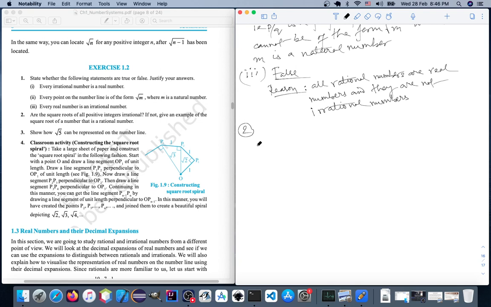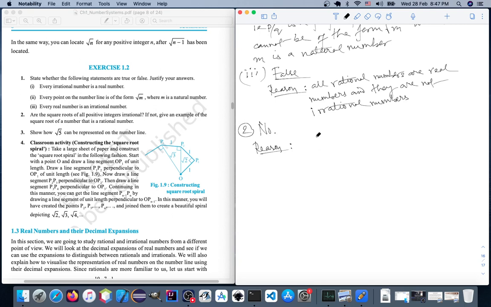It is asking, are the square roots of all positive integers irrational? No. Reason: if not, give an example of the square root of a number that is a rational number.